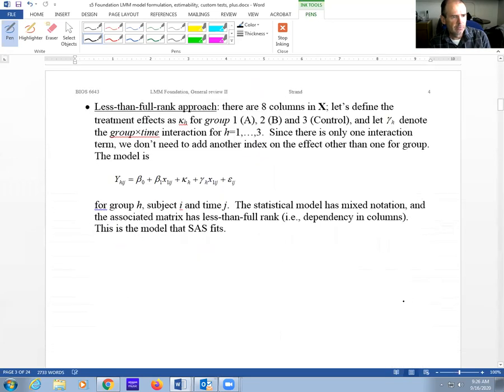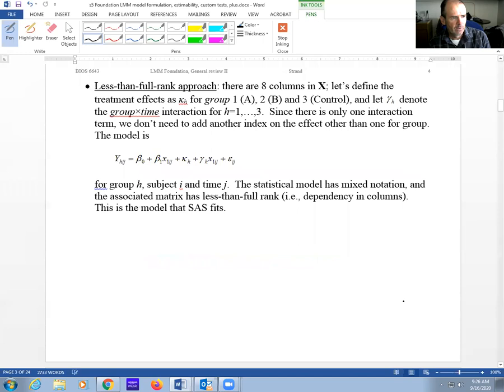Okay, an alternative way to write that model is this way, and in this case, we have kappa sub h, that's what I'm going to use for group, and this term here is what I'm going to use for group by time.